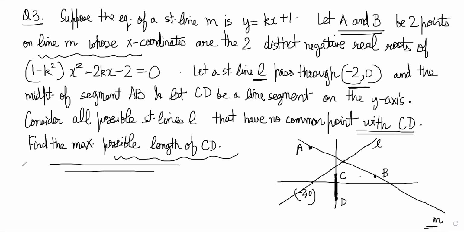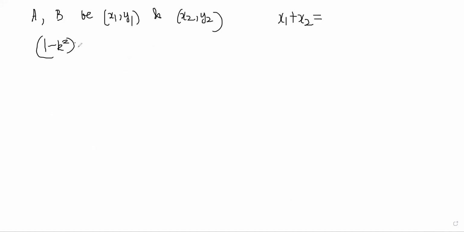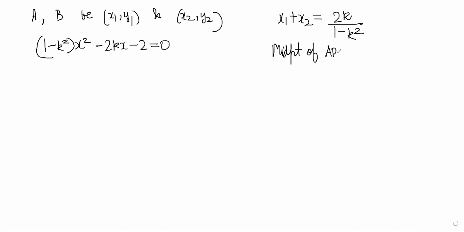I'll do it on the next screen. Let A and B be (x1, y1) and (x2, y2), the 2 points on the line M. From the equation (1 - k²)x² - 2kx - 2 = 0, the sum of the roots x1 + x2 is 2k/(1 - k²). Let the midpoint of AB be M. Its x coordinate is (x1 + x2)/2, which is k/(1 - k²).